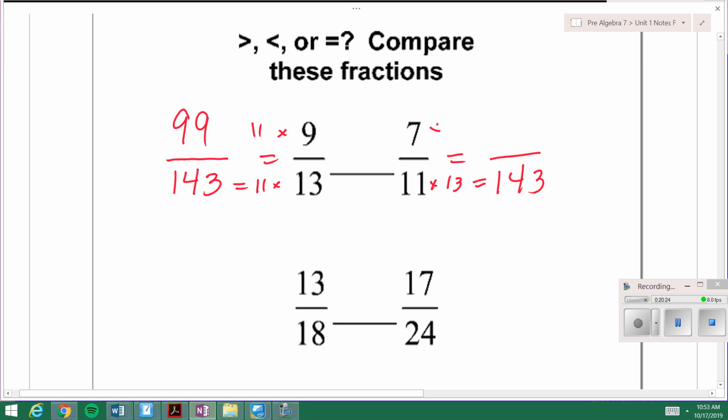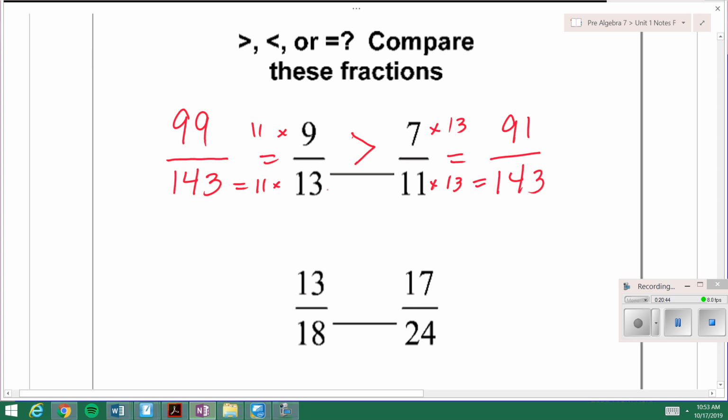And the 7 times the 13 that got multiplied on the bottom of its fraction. And on its top, I should have 91. And you can see that 99/143 is greater than 91/143.